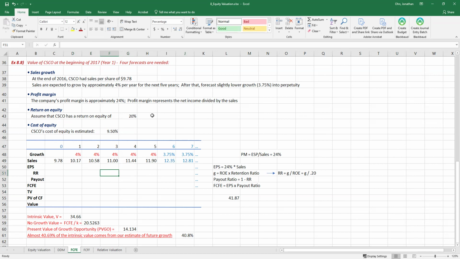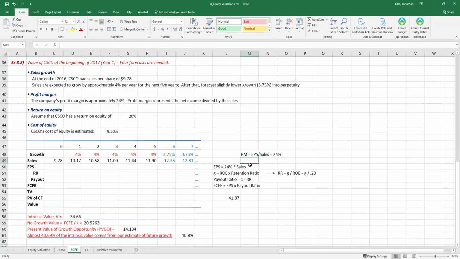Now, the next information given is that the profit margin is 24%. Profit margin is earnings per share divided by sales. I think you know that from Fin343. Wait a second, this one is earnings per share, not sales per share. Right, earnings per share divided by sales.